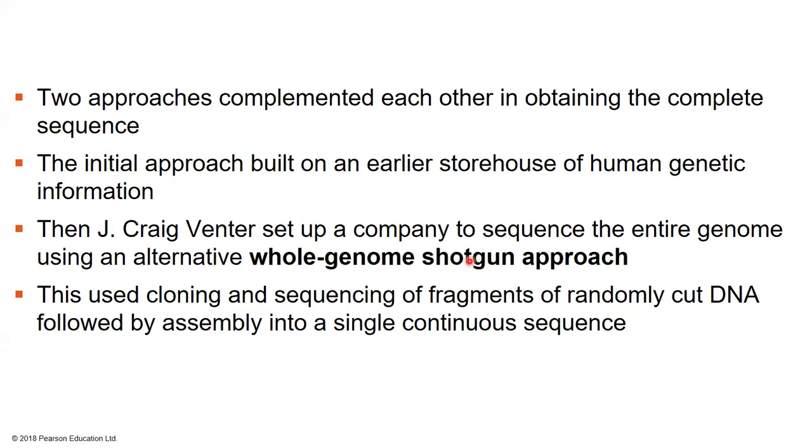Do you know why it's called shotgun? What is a shotgun, by the way? Do you know what a shotgun is? بندقية صيد. صح? No, a gun is a مسدس. Shotgun is a بندقية صيد.